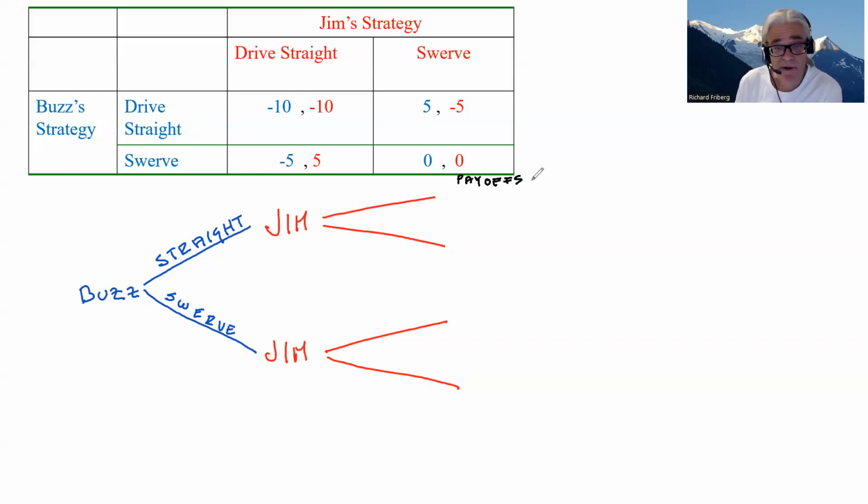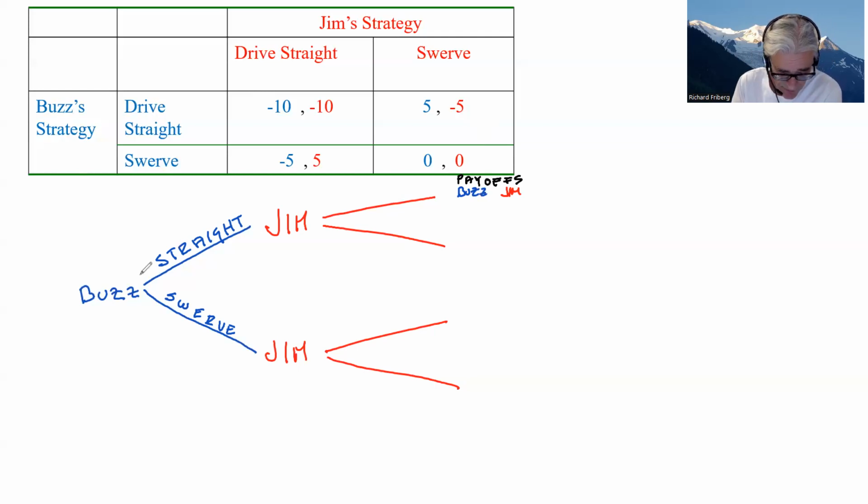And the convention is that we write the payoffs in the order of the players, with the last player to play first. So we would have a payoff for Jim, and we would have the payoff for Buzz.